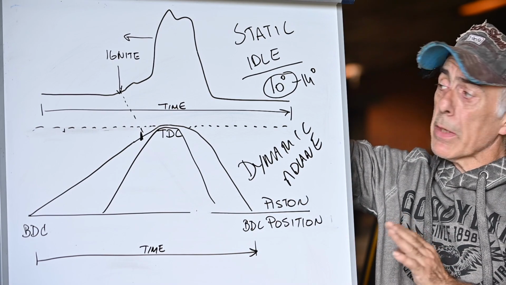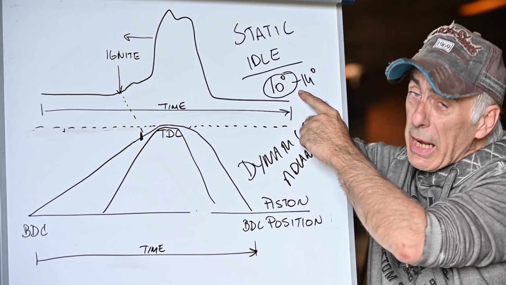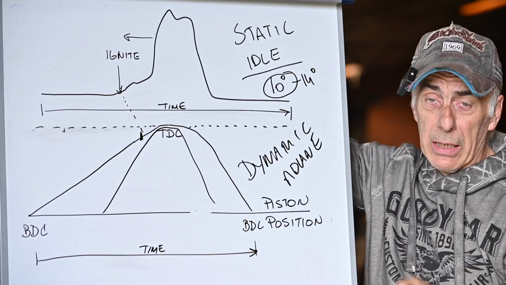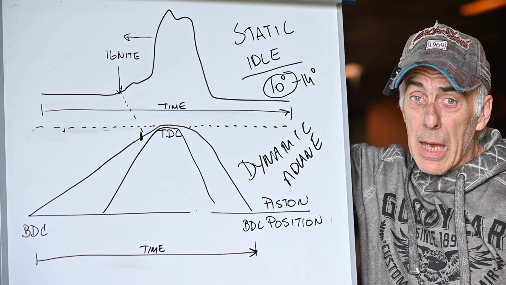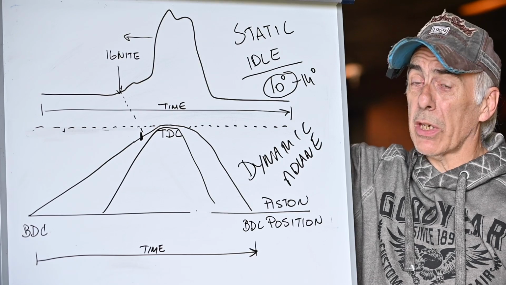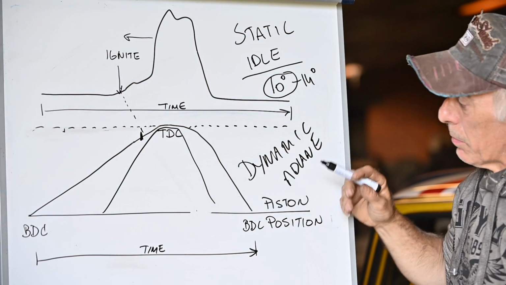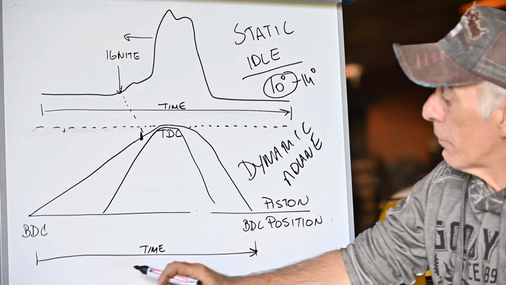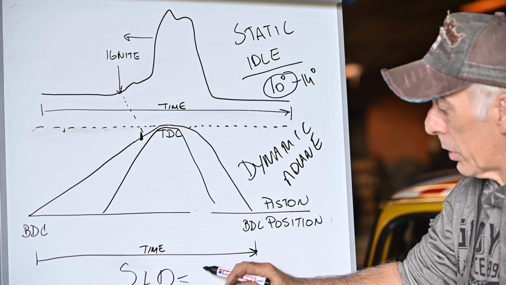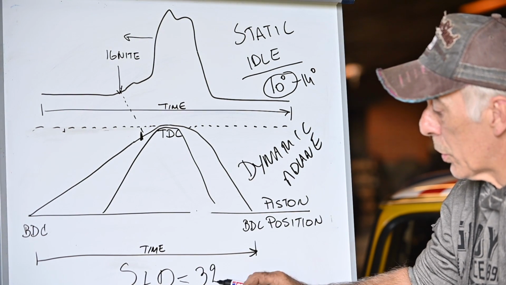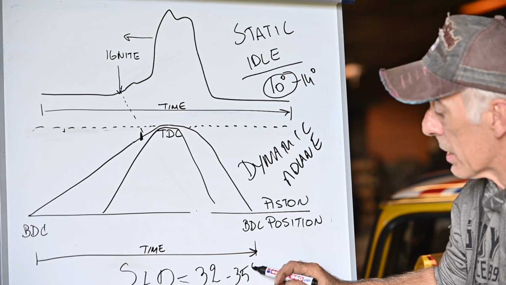Now, it's a different story once we start running on the dynamic advance, because then we're going to add advance to the static advance, and at the end your final advance is static plus dynamic. And then you may have a bit too much advance. So in principle, the total advance for static plus dynamic should never be more than about 32 to 35 degrees.